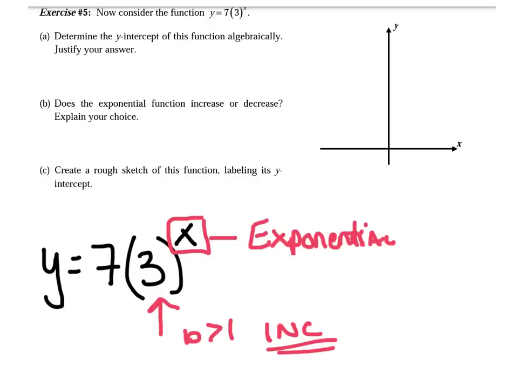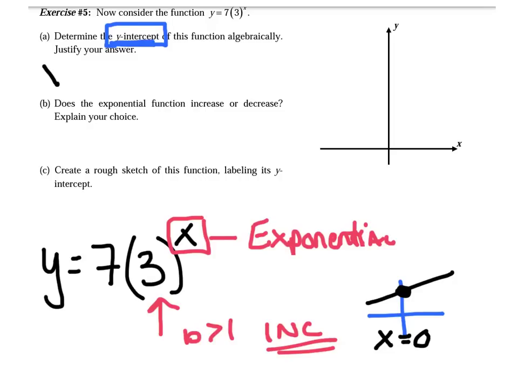Exercise A, determine the y-intercept of this function. Make sure you jot down y-intercept on your paper. We've talked about this before. Picture this, anybody that crosses the y-axis, what is 0? Is the x value 0 or the y value? Clearly, the x value is 0.